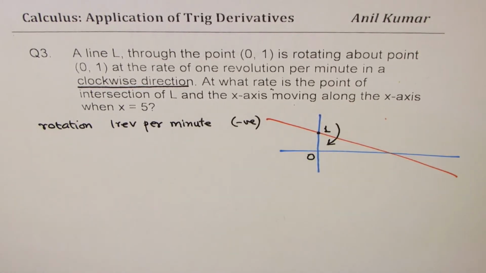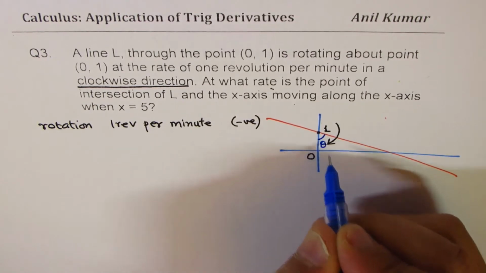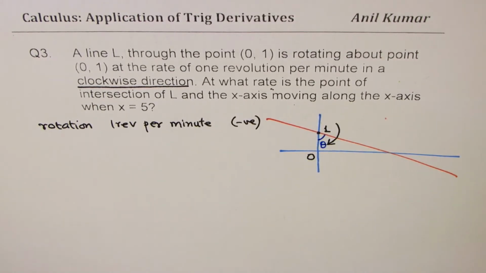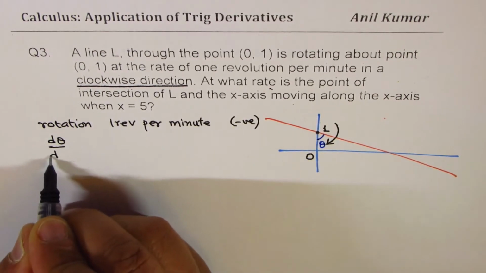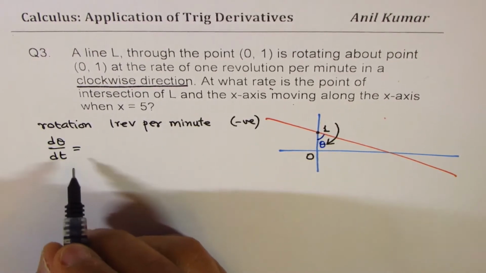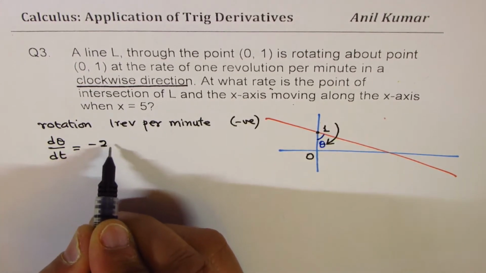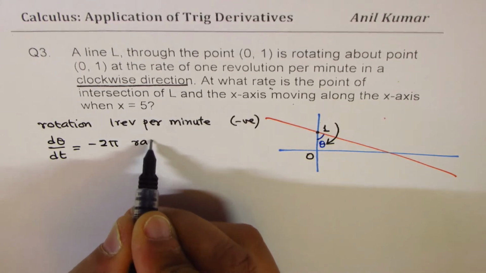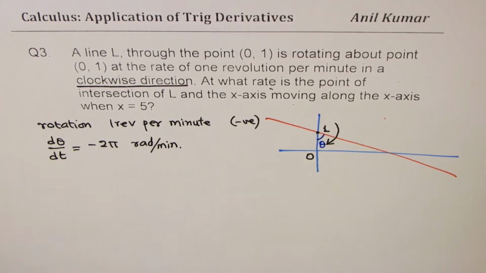If I say that this angle here is theta, then d theta/dt is equal to 1 revolution, which means 2 pi. So I can write this as minus 2 pi radians per minute. Correct? So that becomes d theta/dt.